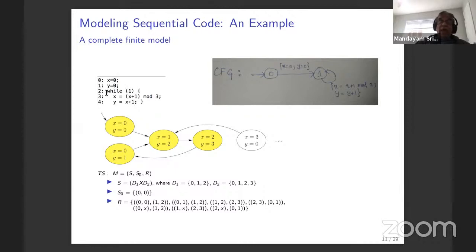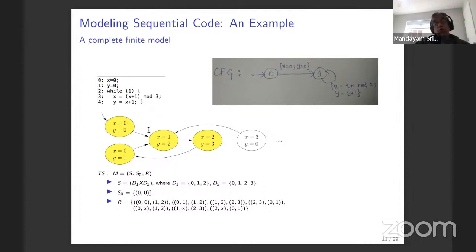Regardless of what location you're in, the value of x is always less than 3. That happens because you start from a particular initial state.